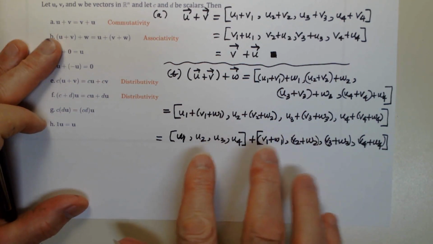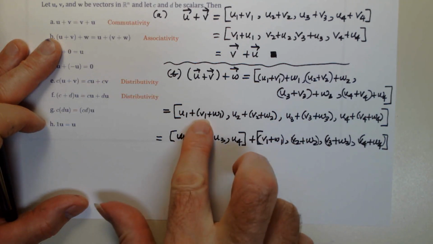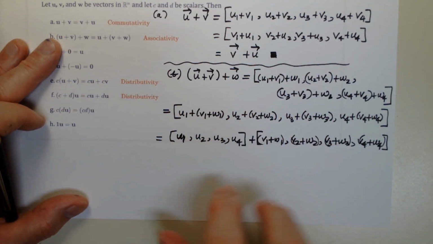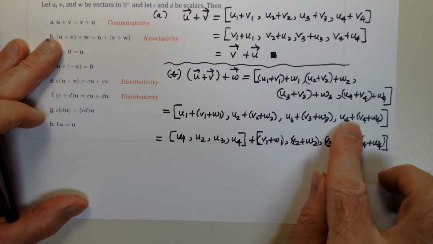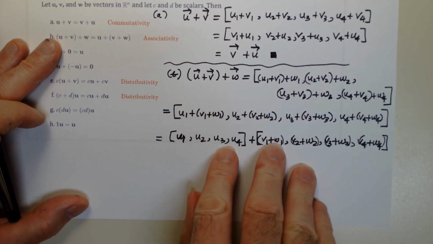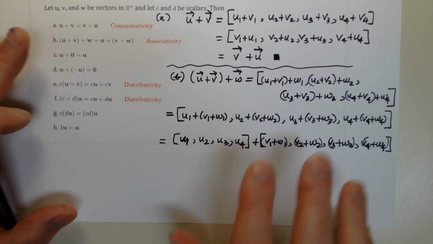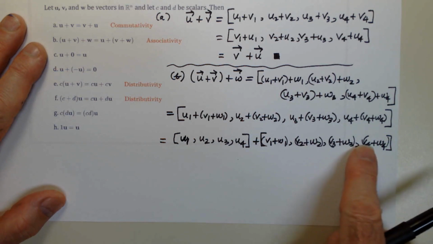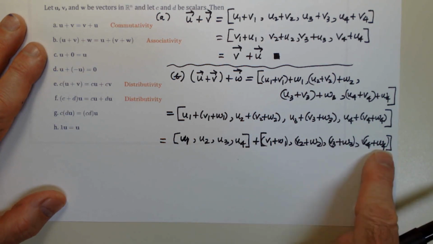So in other words, if you wanted to convince yourself that this last step was true, I could recombine first components, recombine second components, recombine the third components, and recombine these fourth components. This is a process of recognizing that this is just a vector sum. And then I can realize that this too is a vector sum: a vector sum of v plus w.